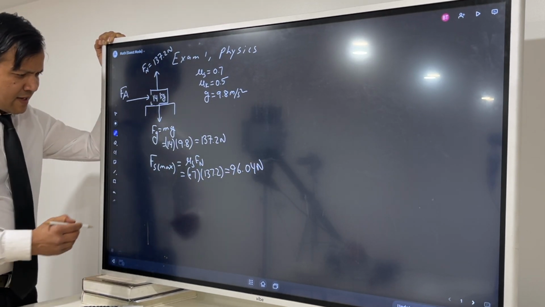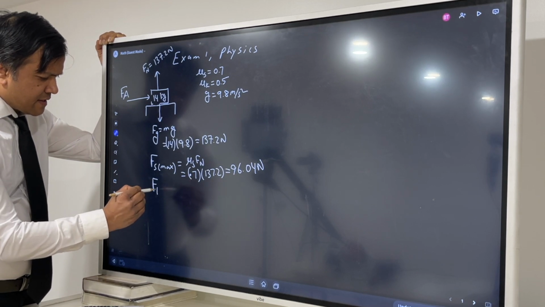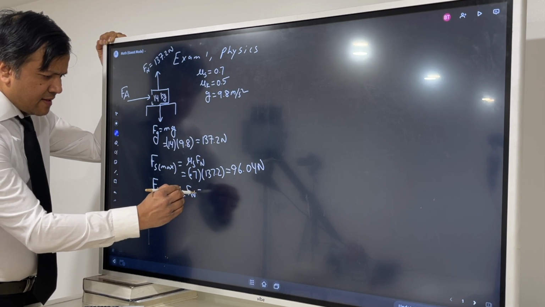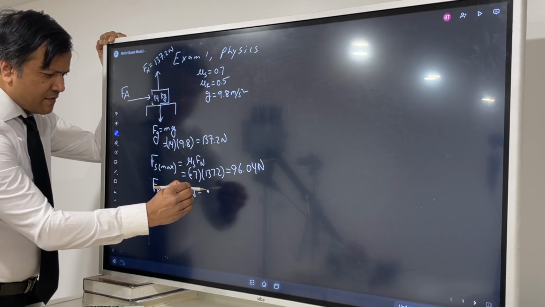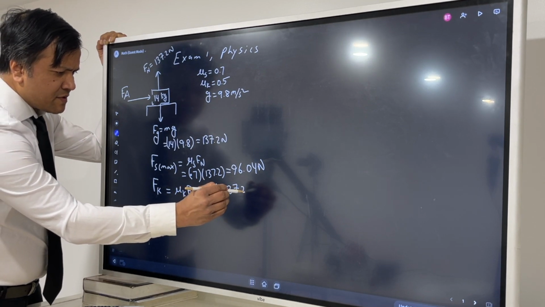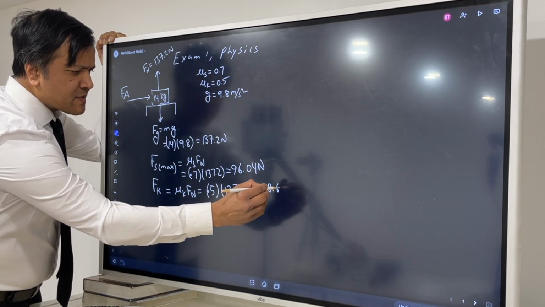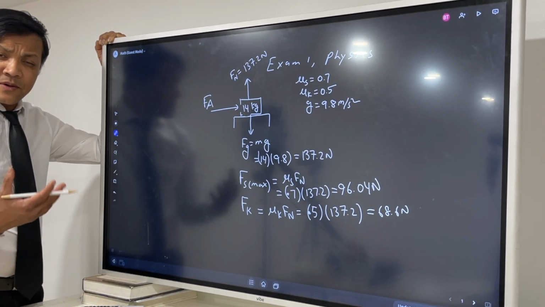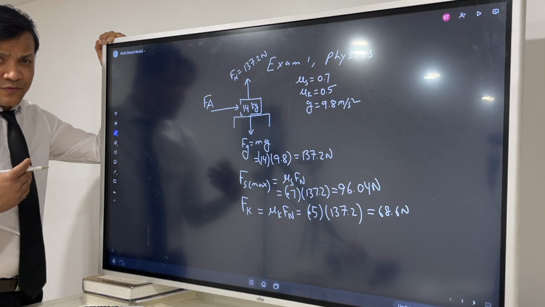Now we're going to find Fk, which is mu k Fn. Fk is 0.5 times 137.2, which is 68.6 Newton.